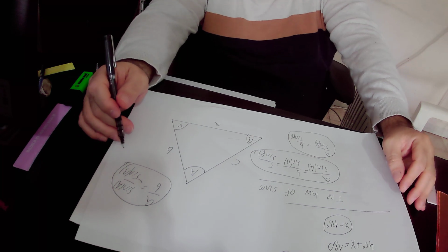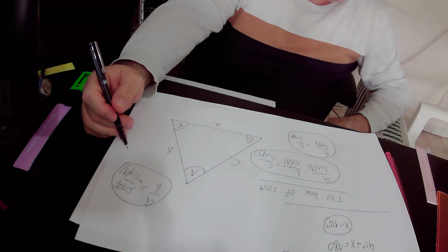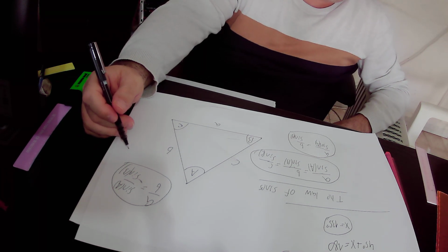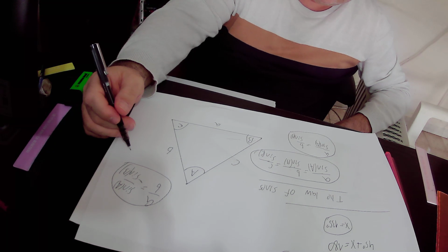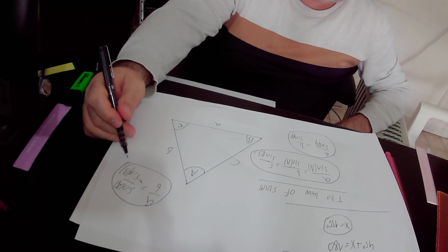So this formula means that the ratio of the side lengths of the triangle equals the ratio between the opposite angles.